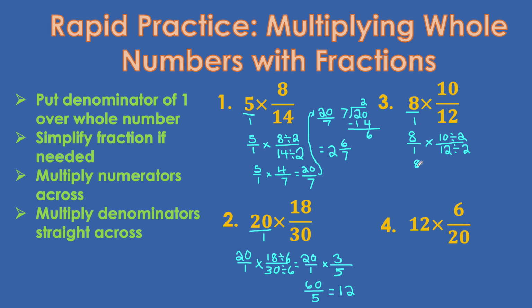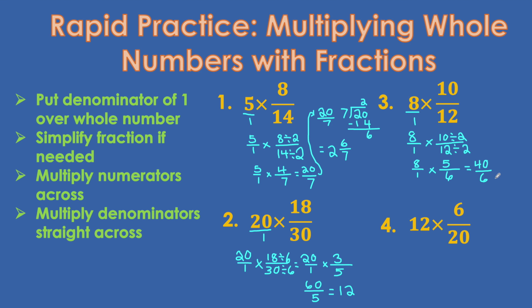Then we have 8 over 1 times our fraction. 10 divided by 2 equals 5. 12 divided by 2 is 6. Multiply numerators across. 8 times 5 equals 40. 1 times 6, multiply denominators across, equals 6.